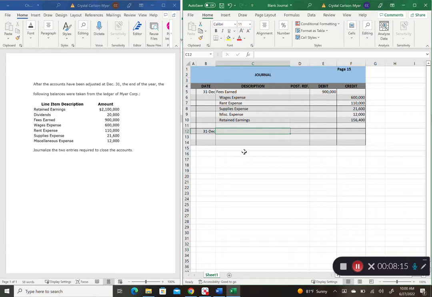Okay, so I need to make that 0. If you want to go ahead and put that in first, it will always be on the second line. Put in what you know. So dividends are going to be decreased by the $20,000 because we want to close it out. The account you're going to hit as your debit is the retained earnings account, because that is the amount you have paid out to your stockholders.